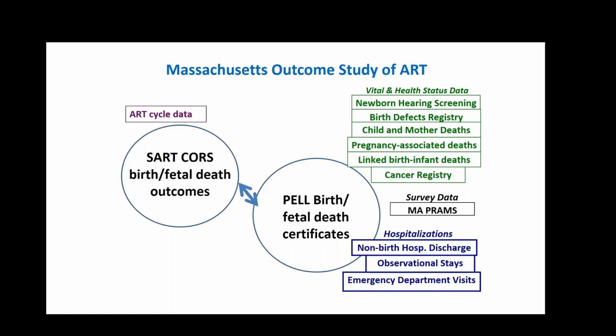Although a limitation of these analyses is that, again, they represent only a single state. There are actually more ART deliveries in this state than in many of the countries, such as the Scandinavian countries, for which data systems have been used in a lot of the prior ART research.